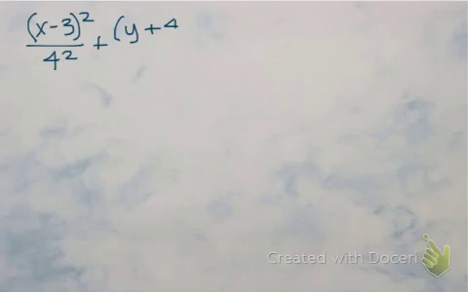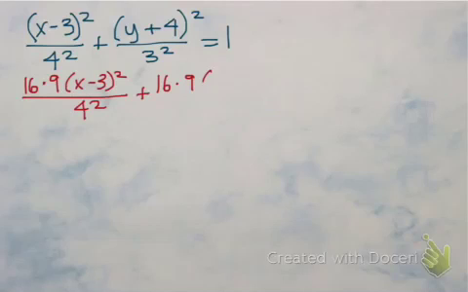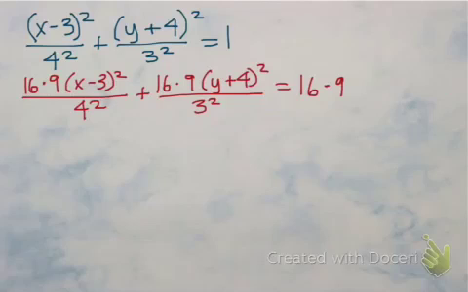So if we take that ellipse that we were looking at before, and we want to turn it into the general form, what you want to do is multiply to get rid of the denominators. So we're going to multiply every term by 16 and every term by 9. That way in the first term the 16s will cancel, in the second term the 9s will cancel.